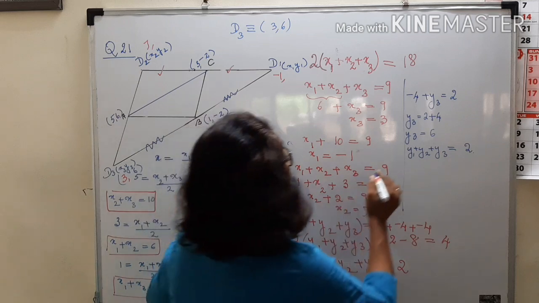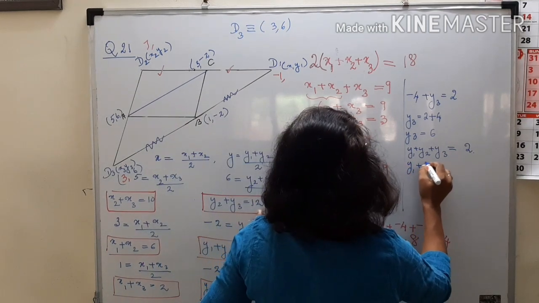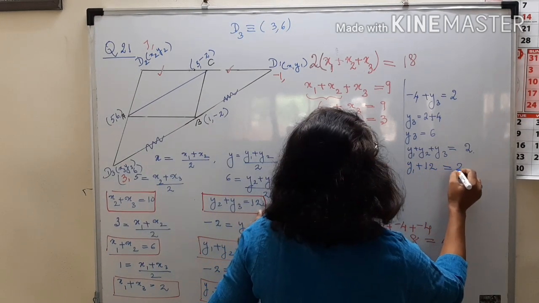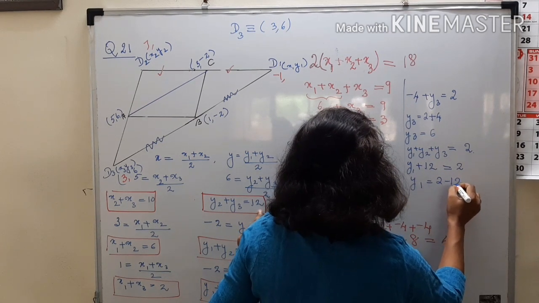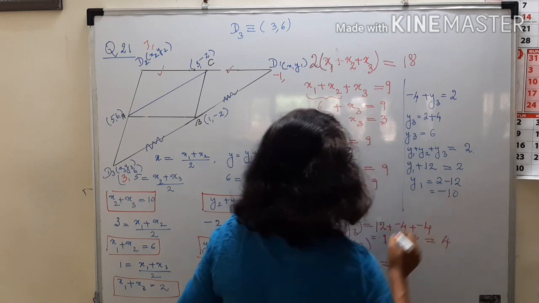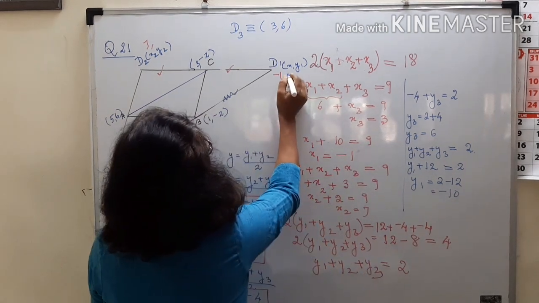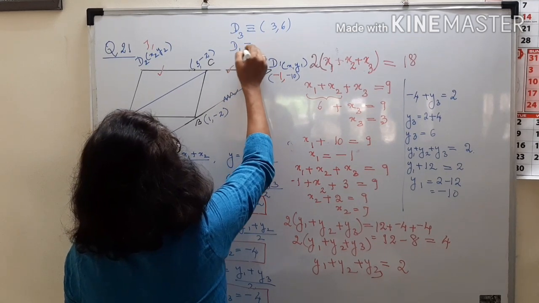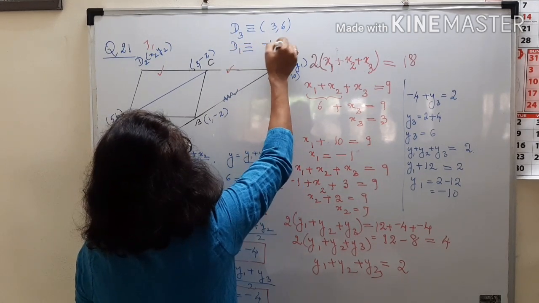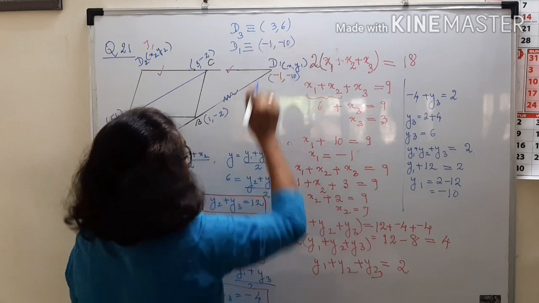That is 12. So, y1 plus 12 is 2. y1 will be 2 minus 12, and that's equal to negative 10. So, we write negative 10 here. So, D1 corresponds to negative 1, negative 10.